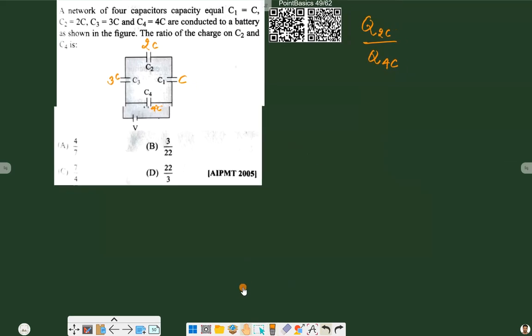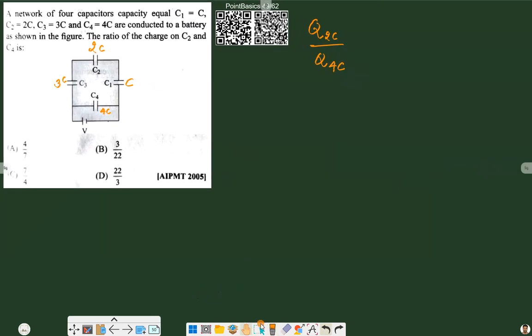Now let's adjust the question on the screen slightly. And now let's start. So we can see from the diagram that C3, C2 and C1, all of these are in series.